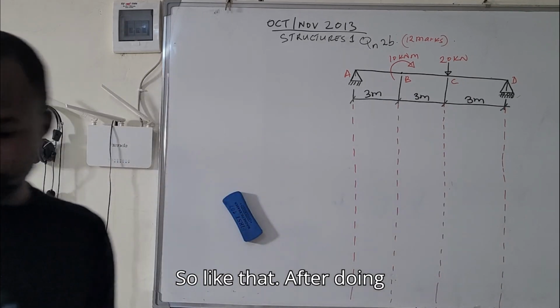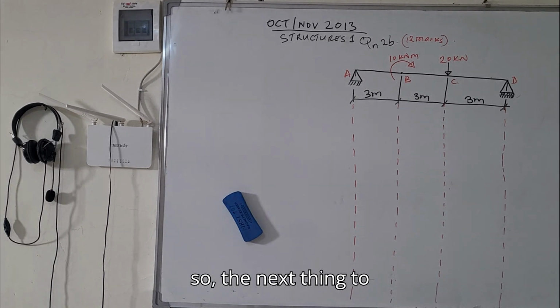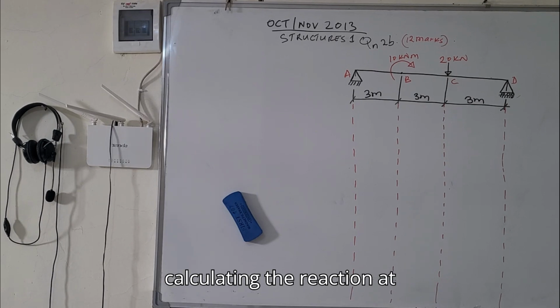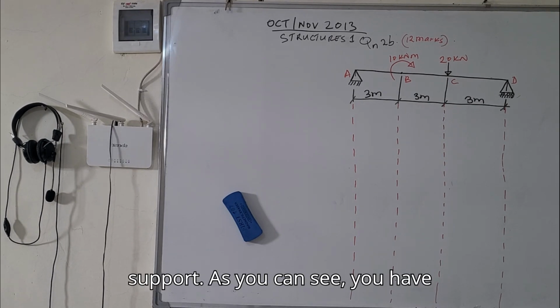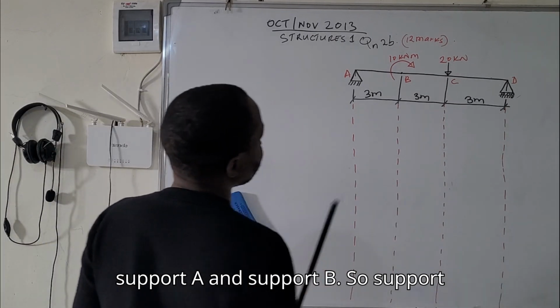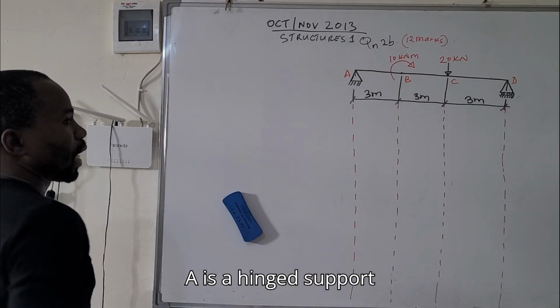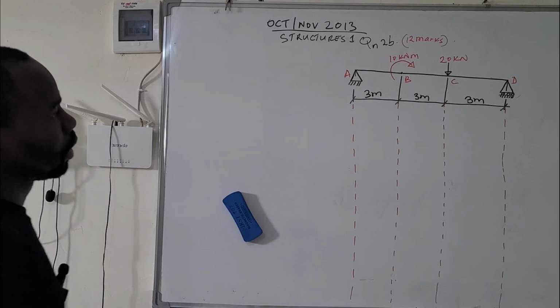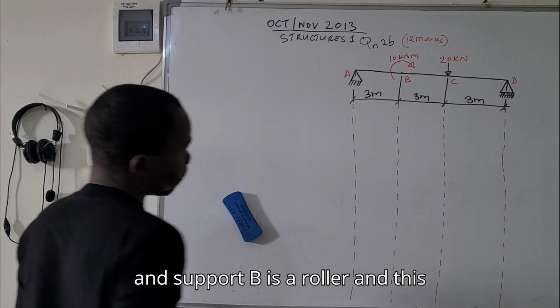So like that. After doing so, the next thing to do is to start calculating the reactions at the supports. As you can see, we have support A and support B. Support A is a hinge support and support B is a roller.